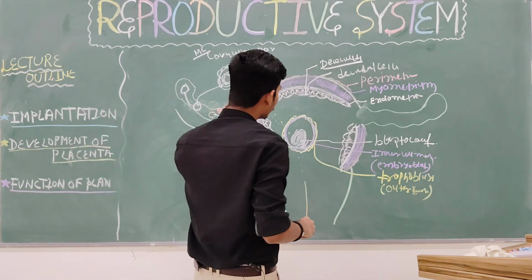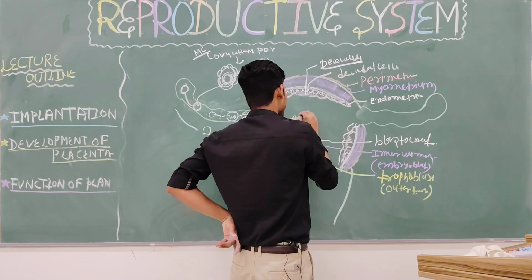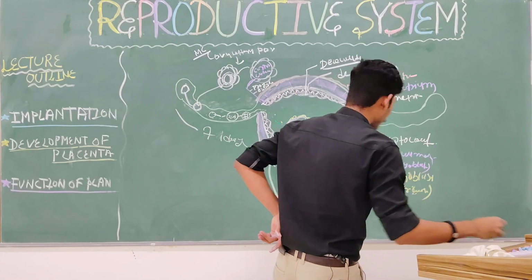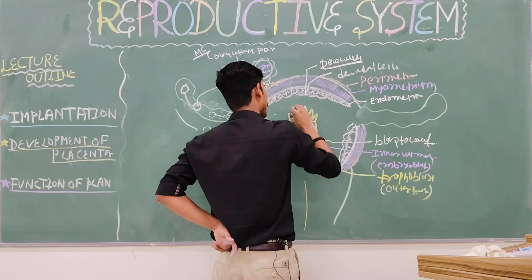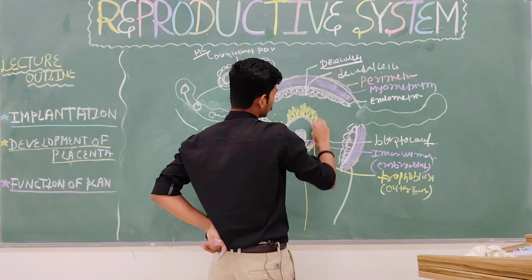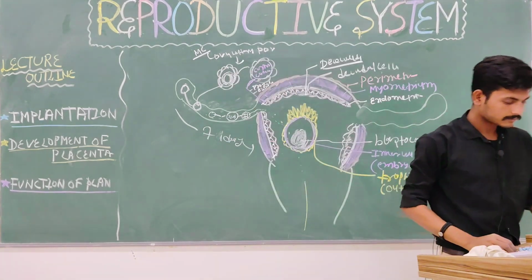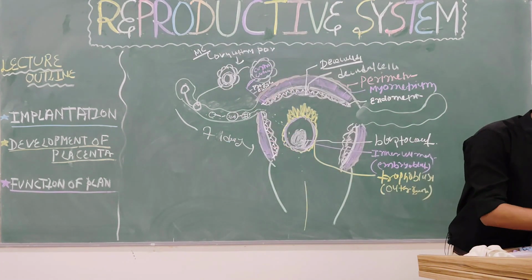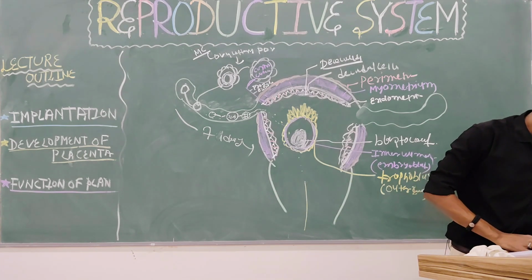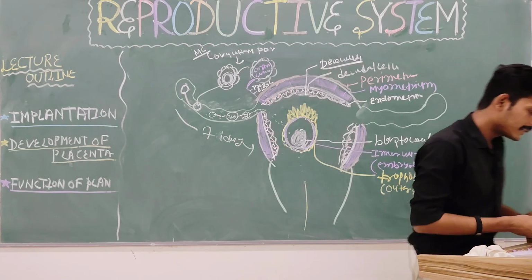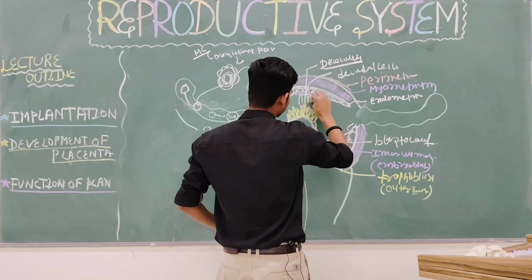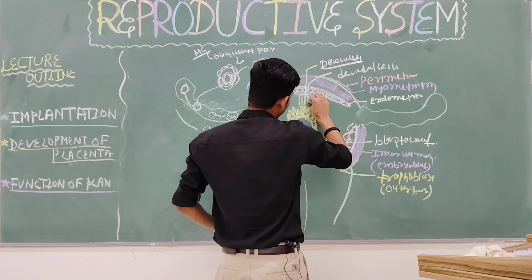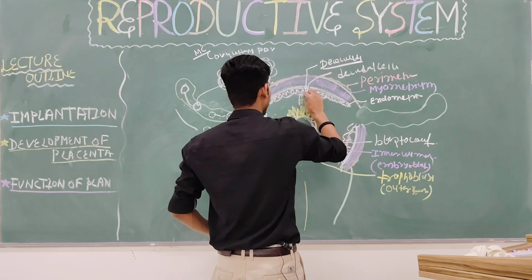Now what will happen? This structure develops one finger-like projection on its animal pole, and the placenta gives its decidual part, and there is a temporary attachment.